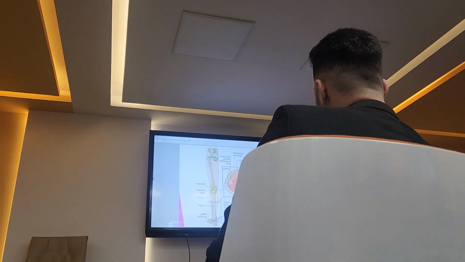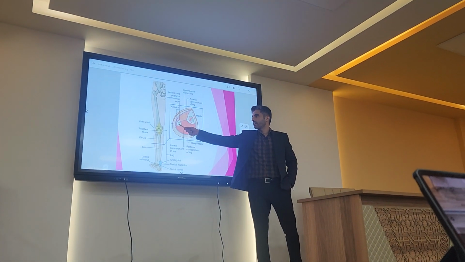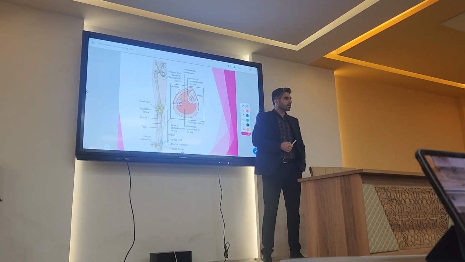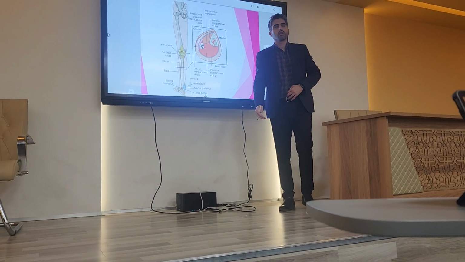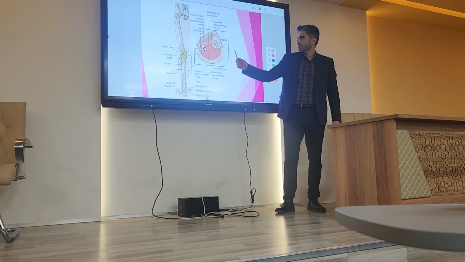Talking about these questions and the lecture. You know that in the leg we have two bones, tibia in the medial side, fibula in the lateral side. Between these two long bones we have a membrane, the interosseous membrane.